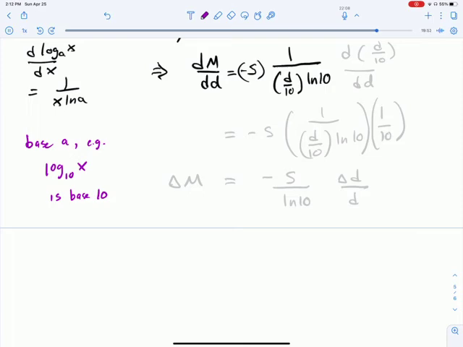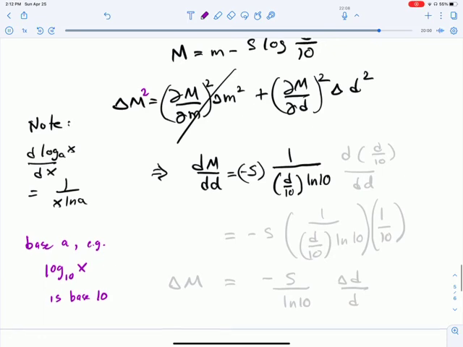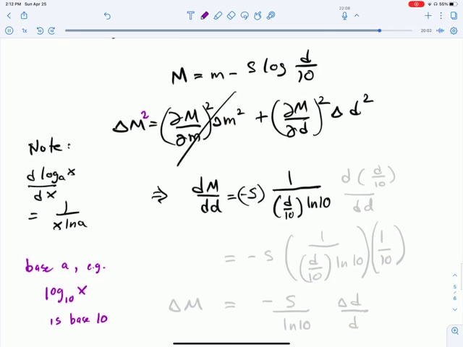But wait, we're not finished yet, right? Because right now we're taking the derivative of a function that's itself a function. It's not ln d, it's ln d over 10. So I also need to take the derivative of d over 10 according to the chain rule.